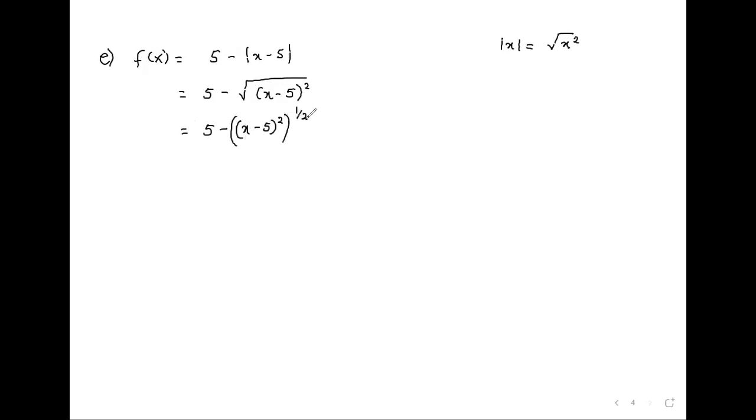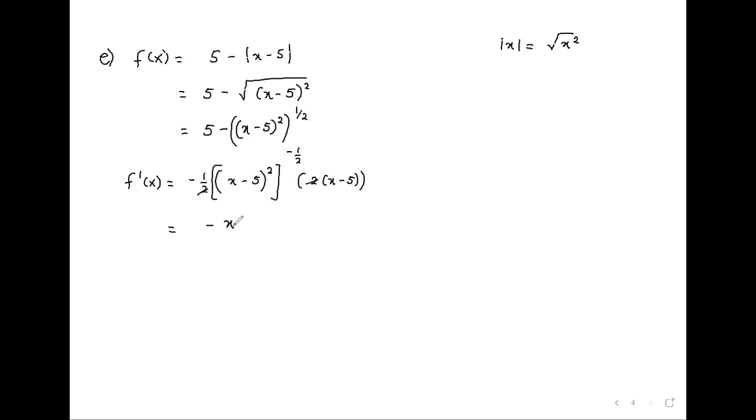to the power half. So let's differentiate f. We'll get negative half, and then (x minus 5) squared to the power negative half, multiplied by 2 times (x minus 5), multiplied by 1. This 2 and this 2 would cancel.